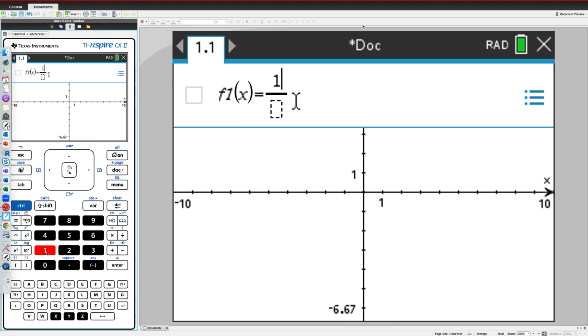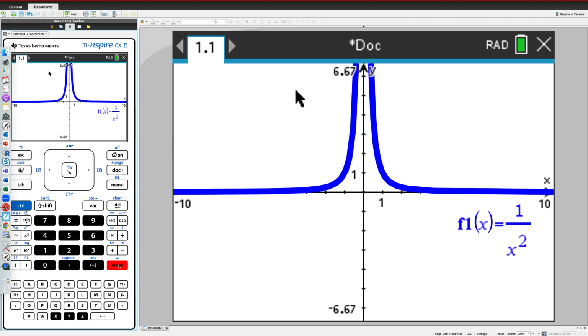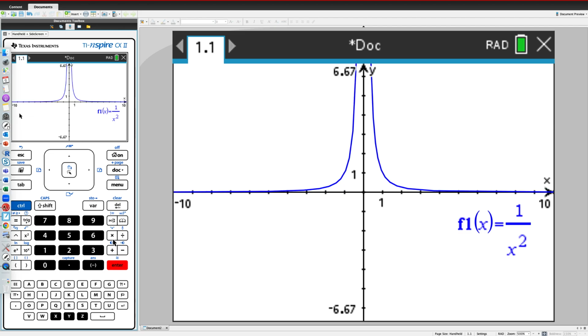I'm going to put a 1 in the numerator and an x squared in the denominator. Like that. Hit enter. What do you notice about the C-curves this time? Are they reflecting across the origin? No, how are they reflecting instead? There you go.